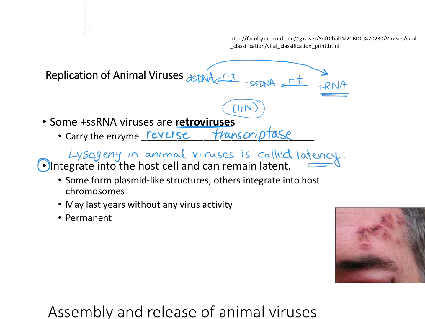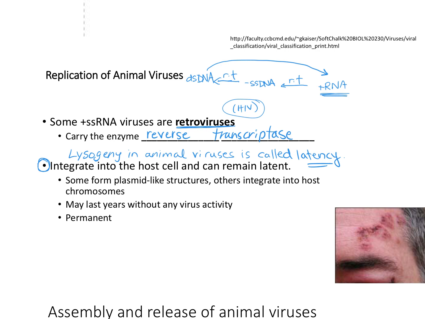I don't know why we need a new term for that, but when animal viruses integrate into the host cell, we say that they're latent. And we're going to discuss a couple different viruses later in the semester in more detail that do that. HIV is one of them. Herpes virus is another one.